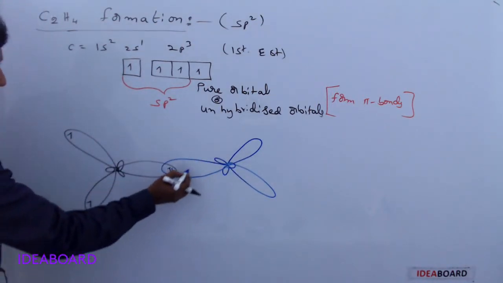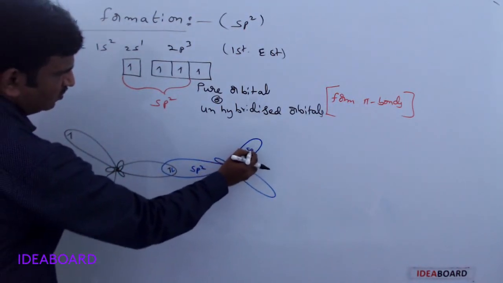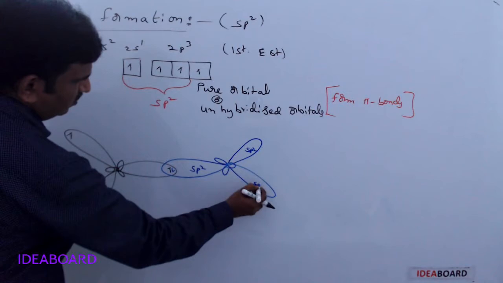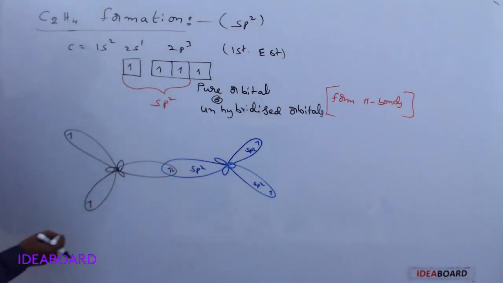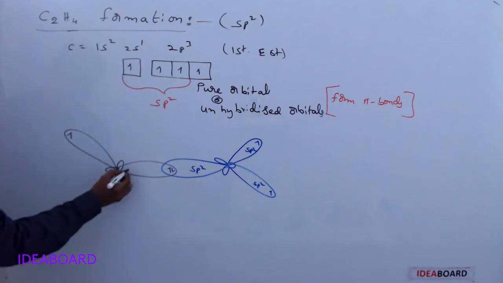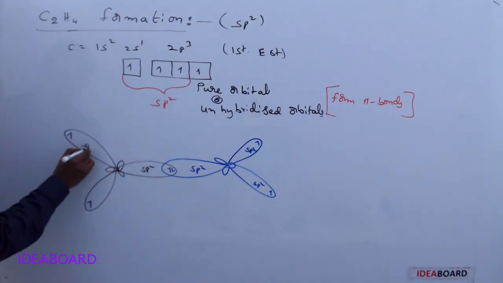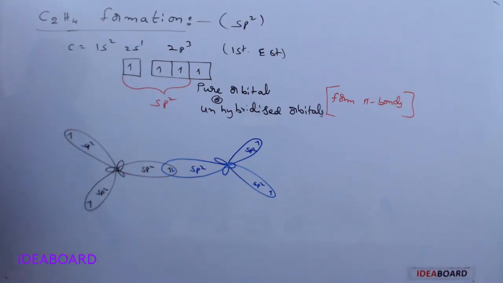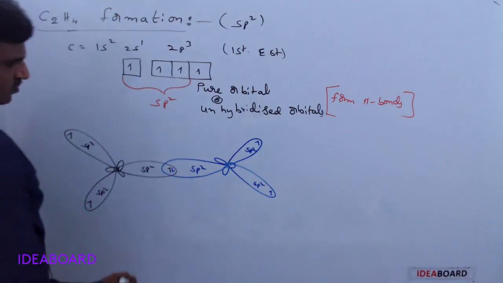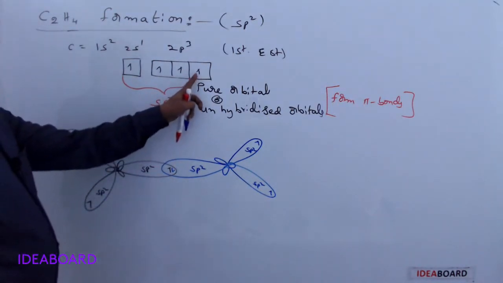So what type of orbital is this? It is sp2, and this is also sp2, this is also sp2. And here also sp2 hybrid orbitals. Now if you are going for the pure orbital, each carbon has a pure orbital also.